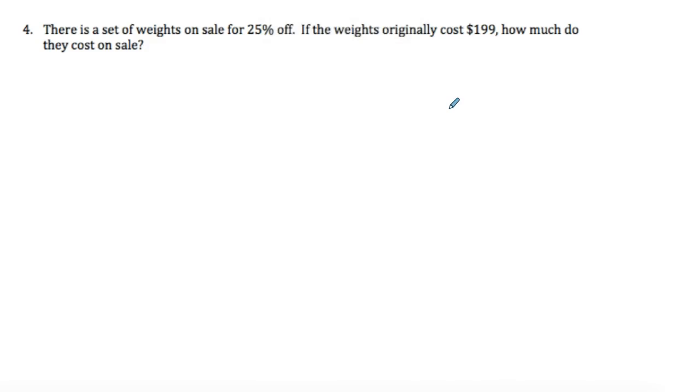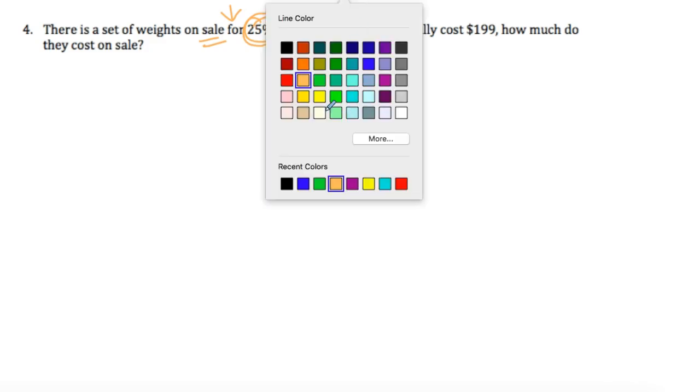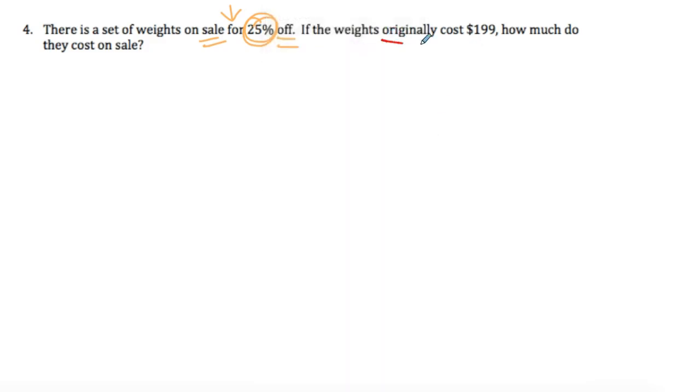Welcome back to question 4. When you look at question 4, hopefully you notice that it gives us a percentage and it says the word off. Sale, right? If something's on sale, it's supposed to go down in price. The other word that sticks out to me is originally cost. That's my starting amount. It has the word original in there.